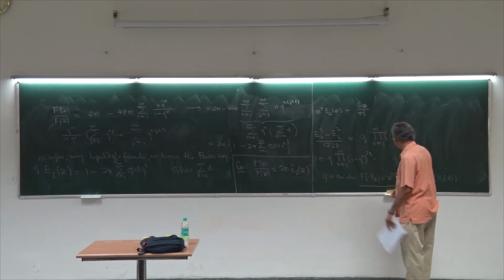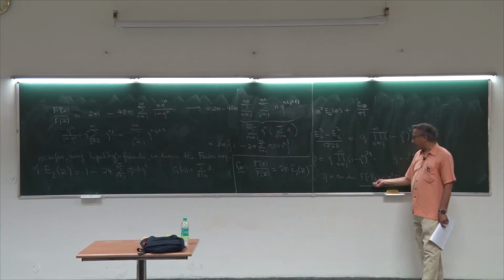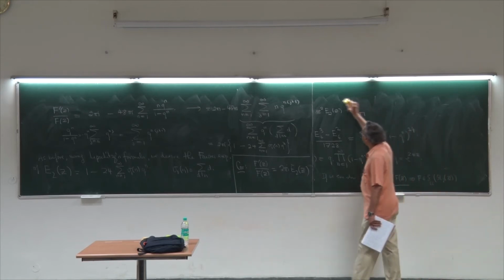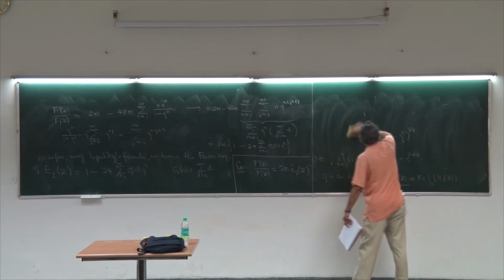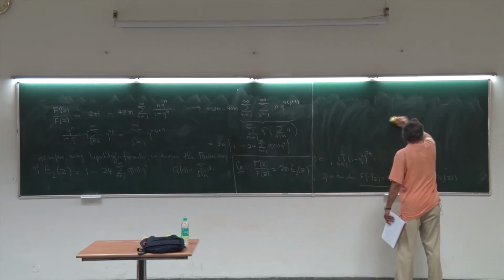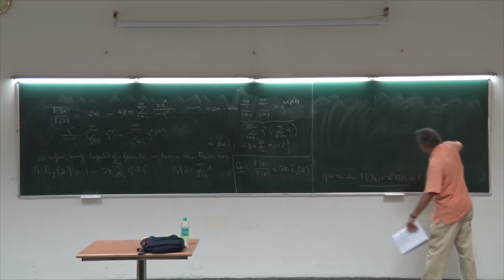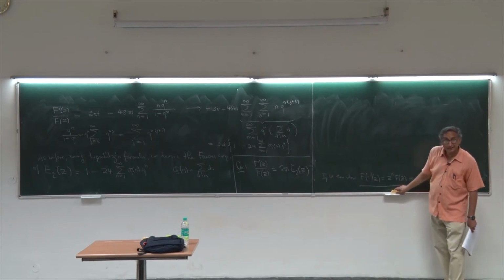And now, because I'm interested in calculating f of minus 1 over z, it makes sense to try to put minus 1 over z into this fact, and then try to use the functional equation that I already know for the Eisenstein series to get it for this one. Okay?